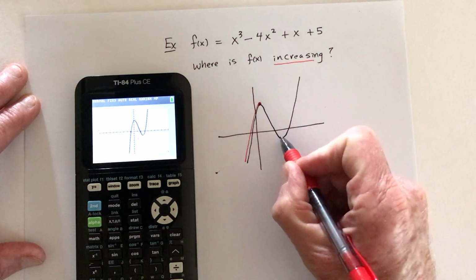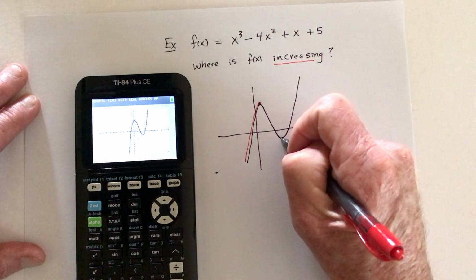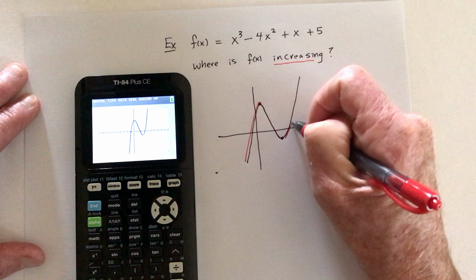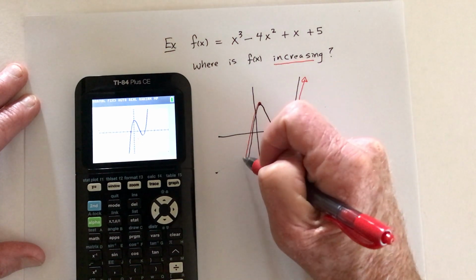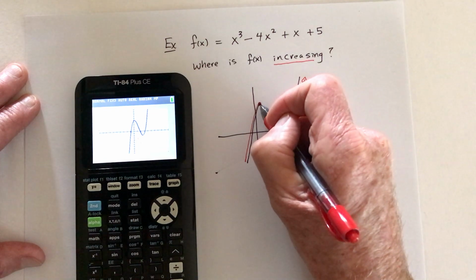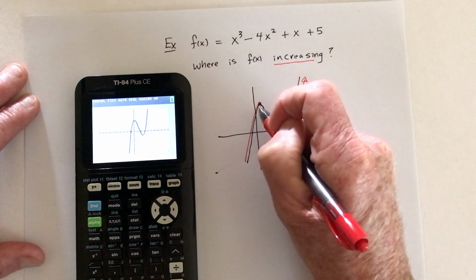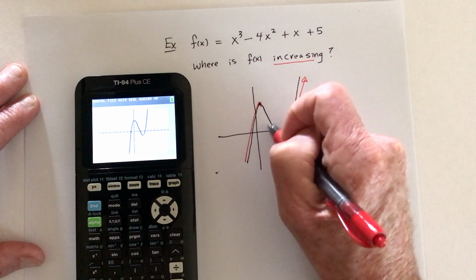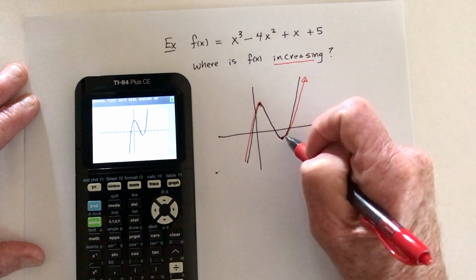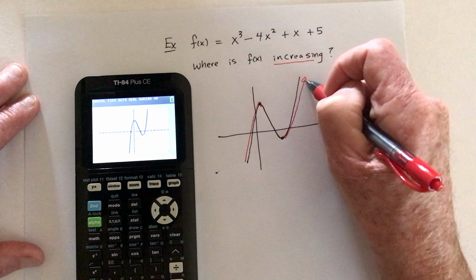Then it's decreasing, and then from this bottom point up, this is also increasing. So basically I need to know where's that point, because it was increasing on the left until it got to that point. The problem did not ask about the decreasing, and then from here it goes up.